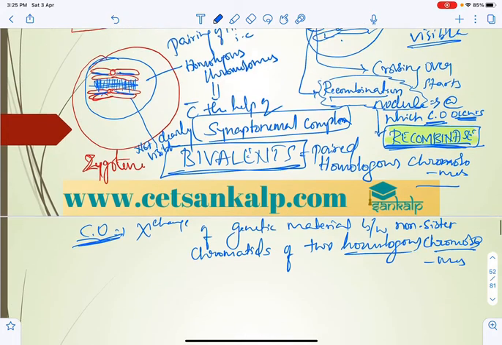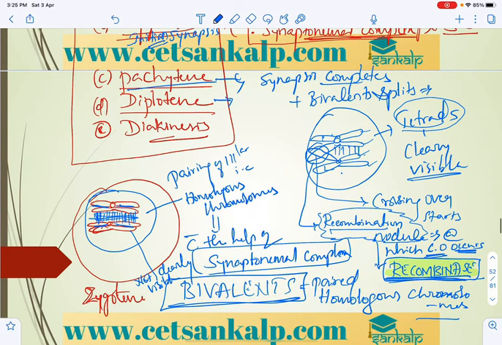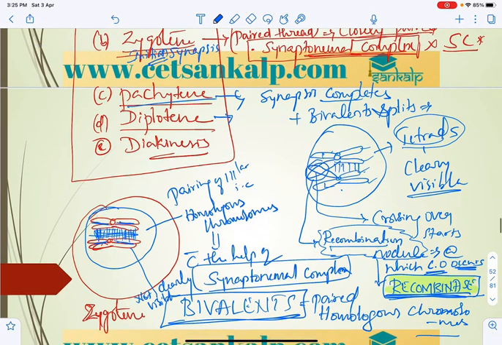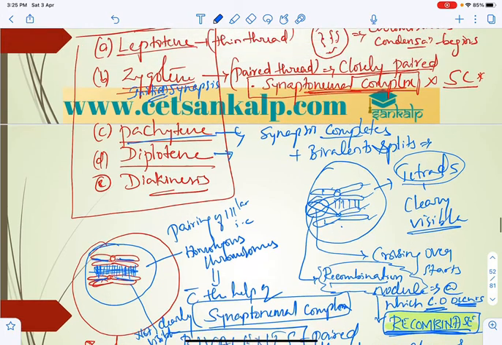And next is diplotene. Here we mentioned that in pachytene there is a thick thread, where complete condensation is going to take place. So thick threads. Pairing in zygotene and thin threads, slight initiation of condensation.